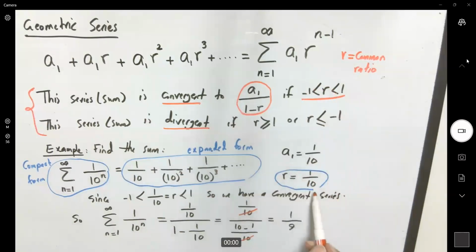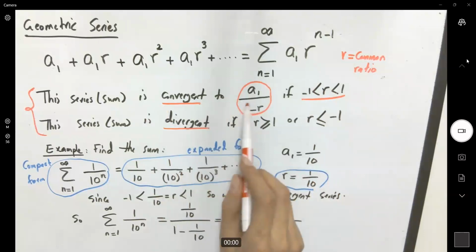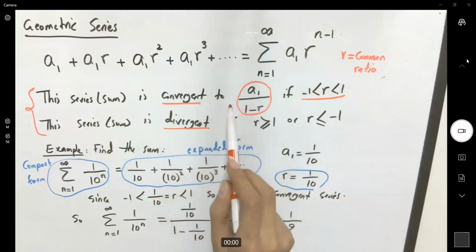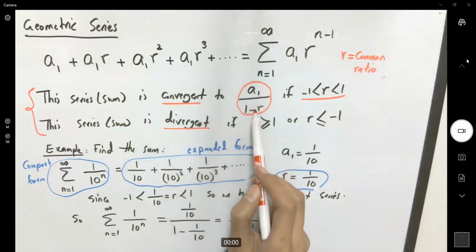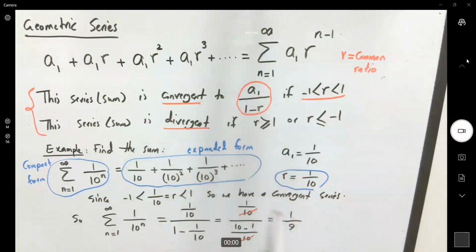So since R is 1/10, it means that 1/10 is bounded between -1 and 1. So I can follow this definition, that it's convergent to A1 over 1 minus R. I can do the computation. I can say that if I add these numbers together, the sum is equal to 1 over 9.